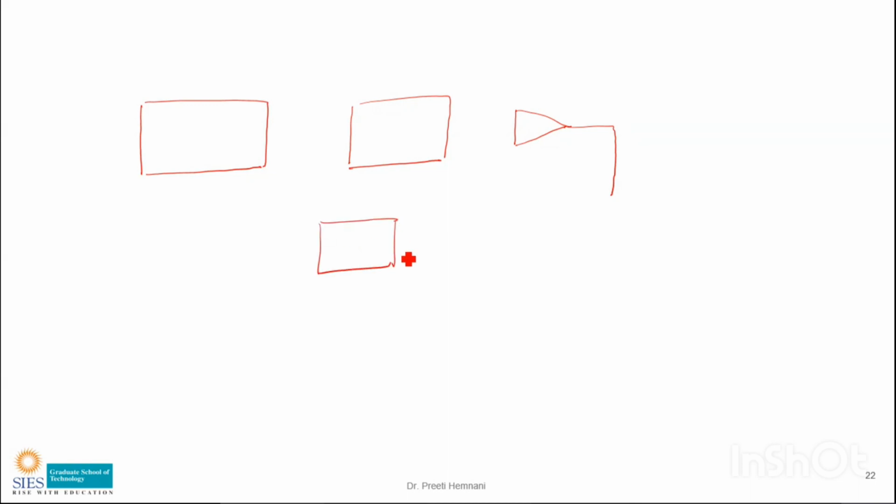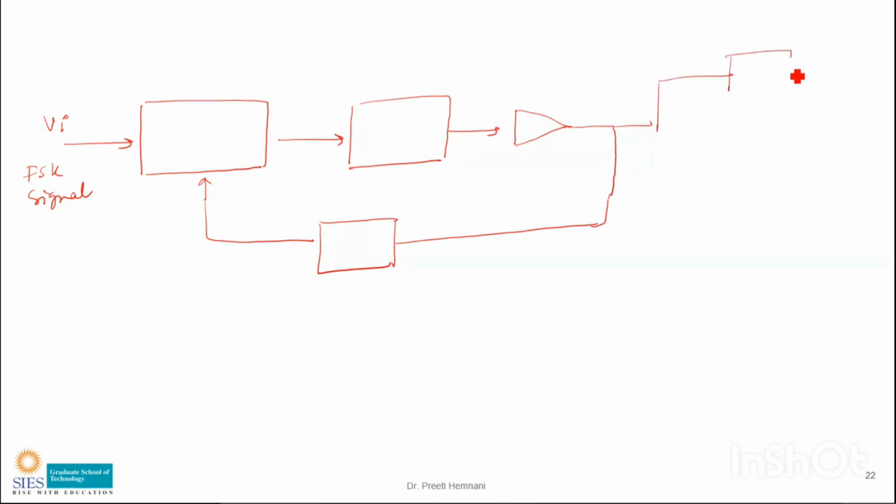First, I am drawing the block diagram of your PLL, and then I'll explain with FSK. This is the input, and this is VI, the FSK signal. Then we have a low pass filter, and again one low pass filter and the reference output.